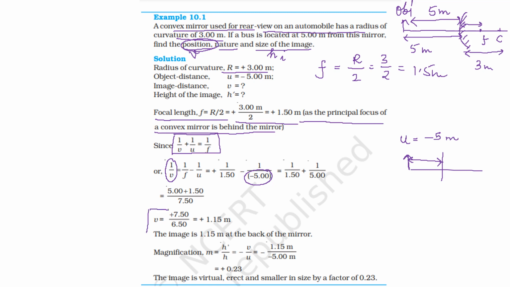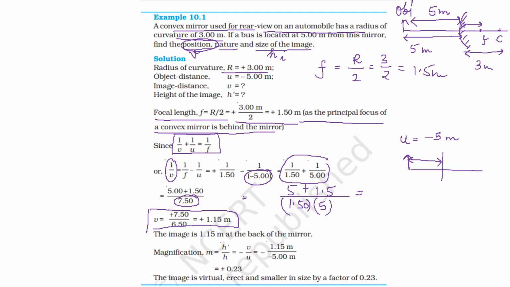Solving, you will get the value of v. Now, how to solve this kind of expression? Please don't get confused here. You can directly write as 1.5 into 5, isn't it? So for the first step, 1.50 is already there, then 5 plus 1.5.